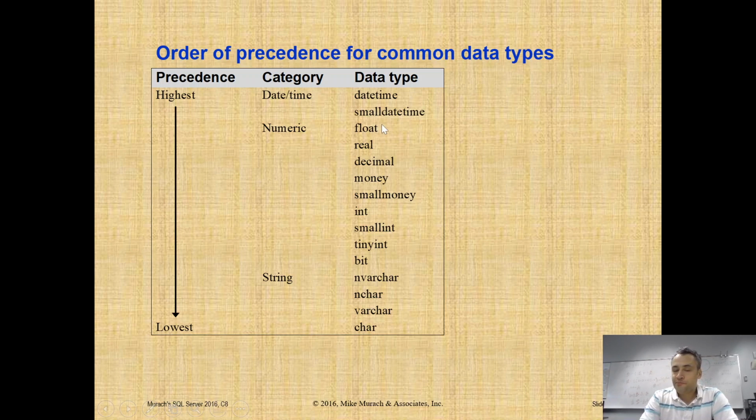Okay, so when you are doing operations with these data types, such as multiplying two columns or multiplying a column by some number, or when concatenating two string columns, there may be some implicit conversion going on.